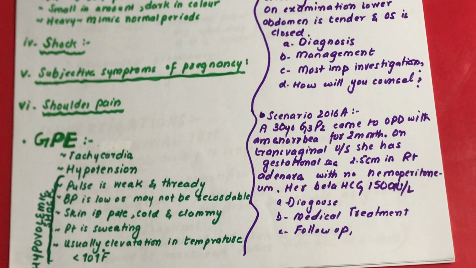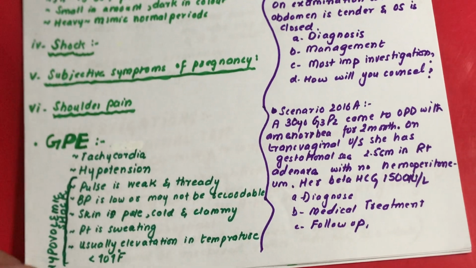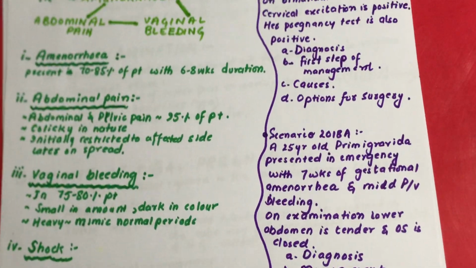On transvaginal ultrasound, she has a gestational sac of 2.5 centimeter in the right adnexa. Okay, note here, right adnexa and with no hemoperitoneum, and her beta HCG is 15,000 units per liter, I guess. Sorry, I forgot. So the diagnosis and medical treatment and the follow-up. So this is how the scenario is given.